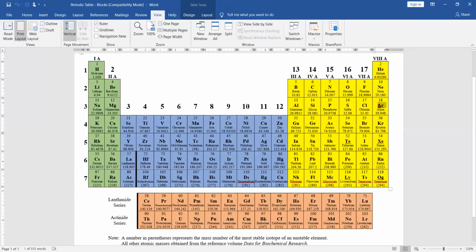Let's go back to argon again and go towards the metal side. All right, so I'm at argon, which is 0. And here is potassium +1, calcium +2. Now it doesn't apply to the D block, so we can skip over that. I could go to gallium, and gallium is +3.